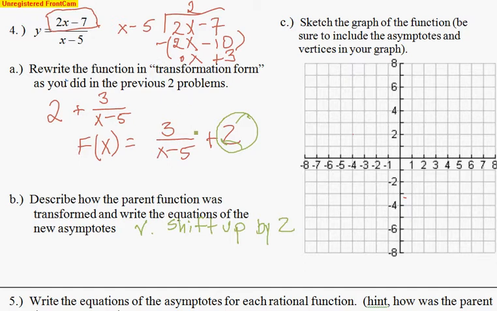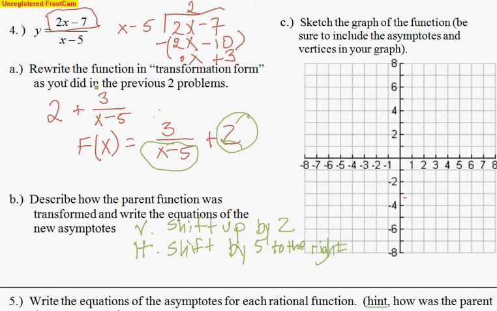And what happens down here tells me that I've got a horizontal shift of 5. And remember, we always do the opposite of what it says here. And so that's going to be by 5 to the right.